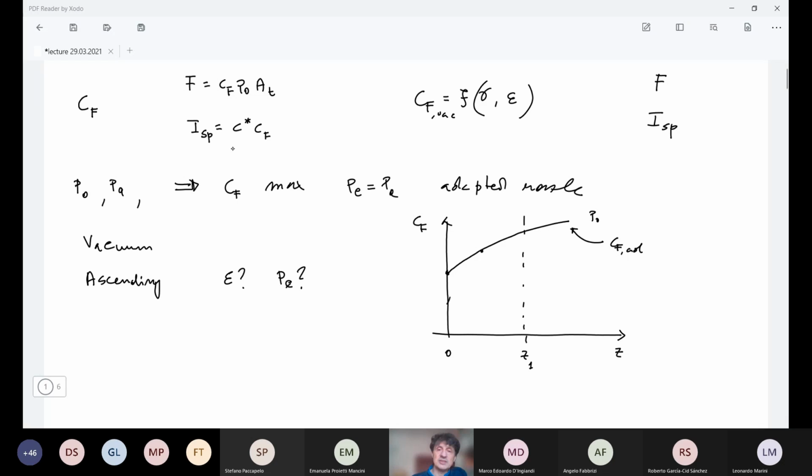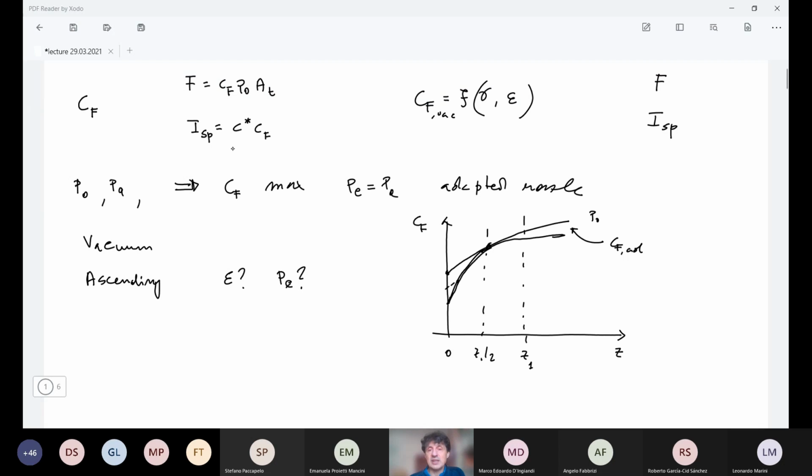And so if we plot, this is a line relevant to a given epsilon, it is always less than the adapted value, as you see, and we'll have a point, let's say, at half altitude, where we have selected our adapted condition. Yes, this can be a solution. It can also be that we say that at a given point we have separation, and if we have separation, we have also a sort of adaptation here.